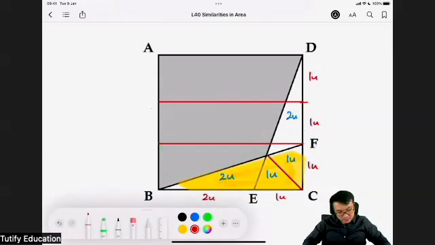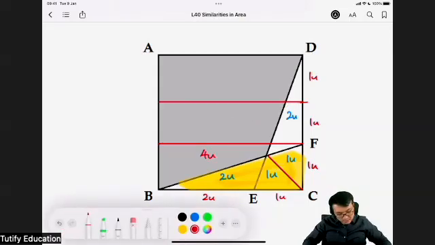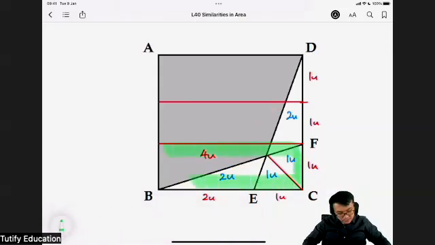How many units are there altogether in the green triangle? 4. Very good. And if I continue to cut them into triangles, or you don't need to cut into triangles, look at the entire rectangle here. How many units are there altogether in this rectangle?